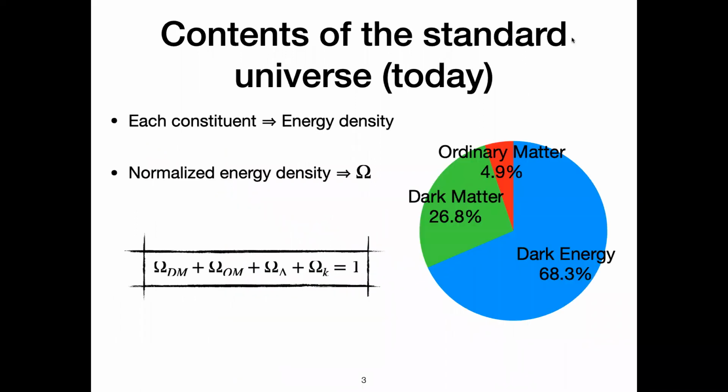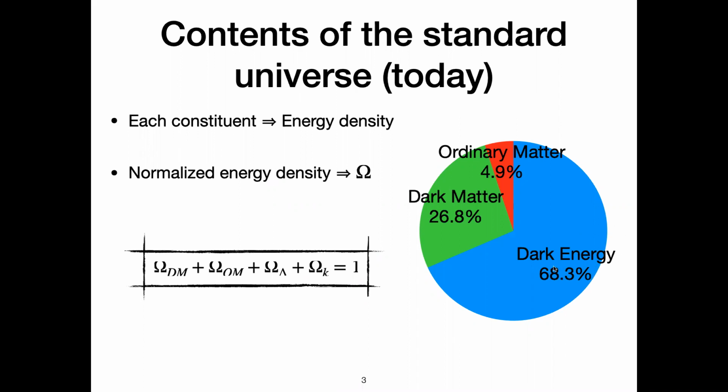So today, the contents of the universe are as shown in the pie chart here. A major portion of the universe is covered by a constituent called dark energy, which is a mysterious form of energy.